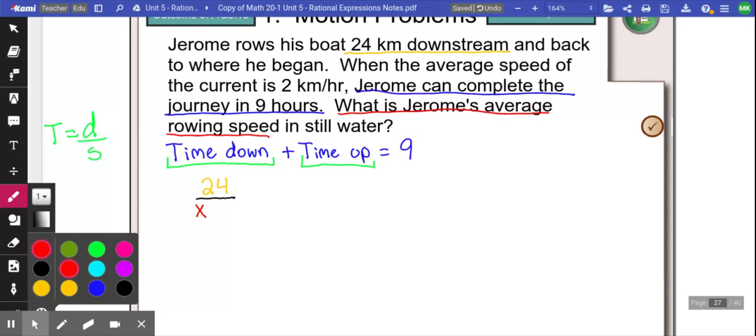But we do know something. We know in this question, it said the average speed of the current is 2 kilometers an hour. That matters. The reason that matters is, most people haven't rowed a boat in a river, so I like to use a running analogy.